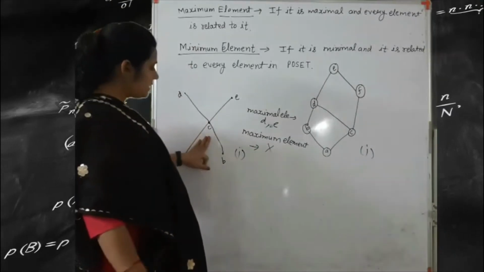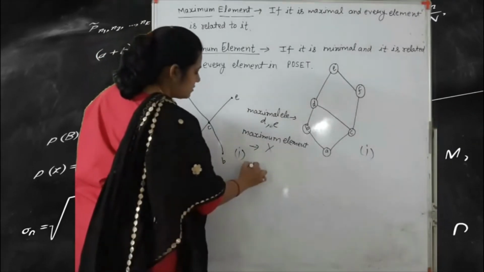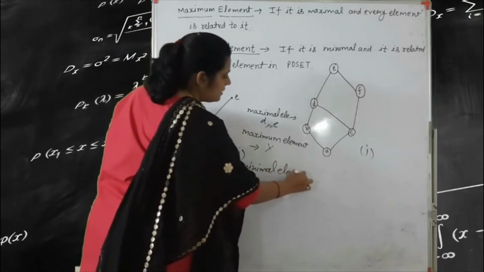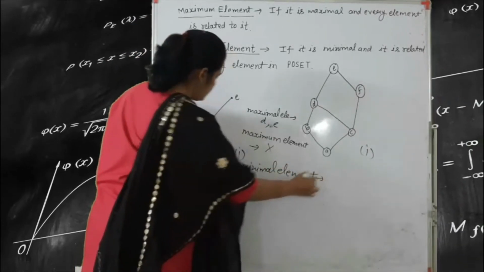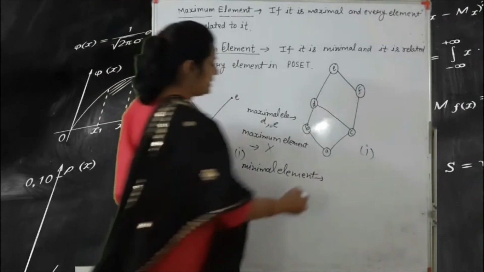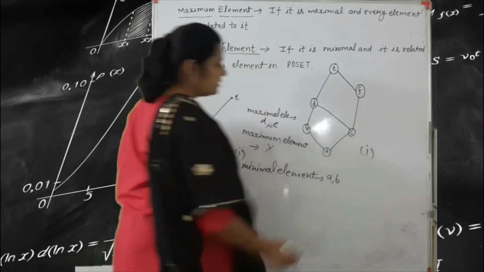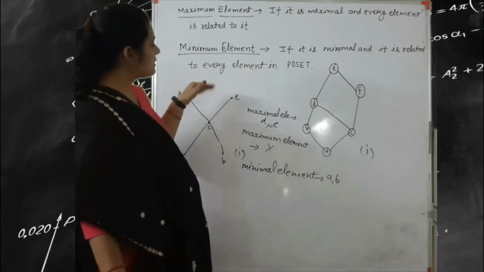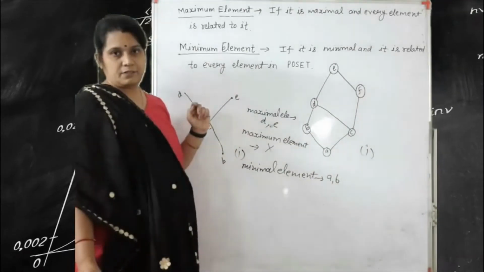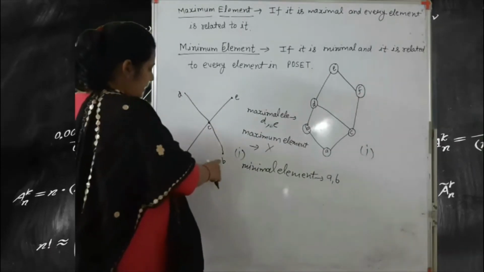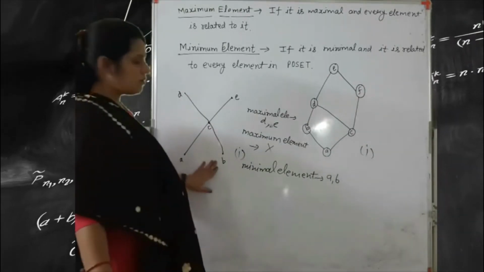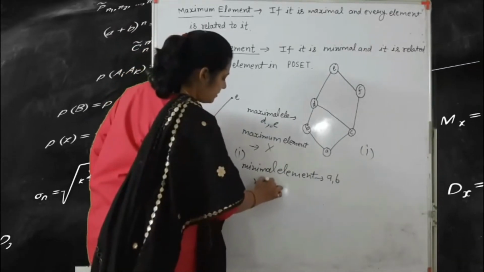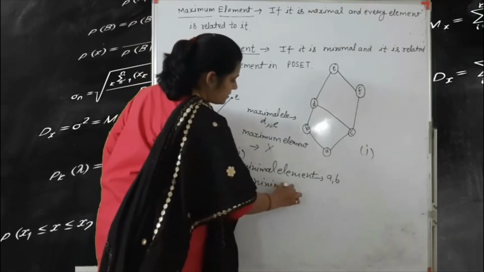Okay. Here the minimal elements. So the minimal elements here are A and B. But the minimum element, that means what? It is related to every element. But here B is not related to A, and A is not related to B. So here there is no minimum element.